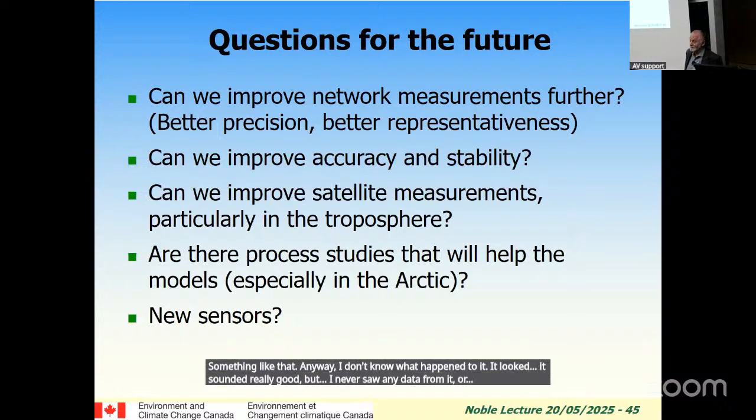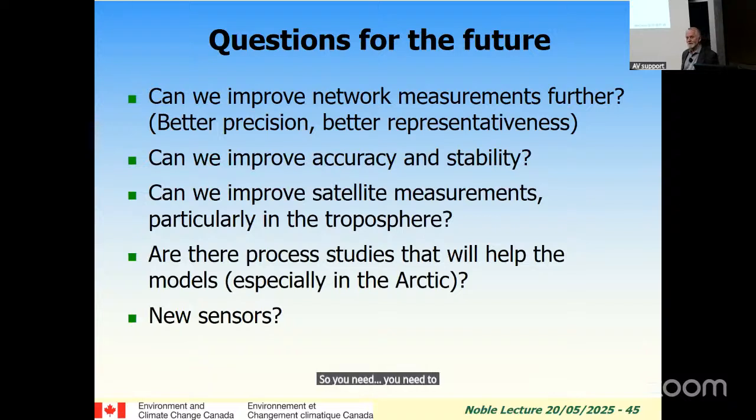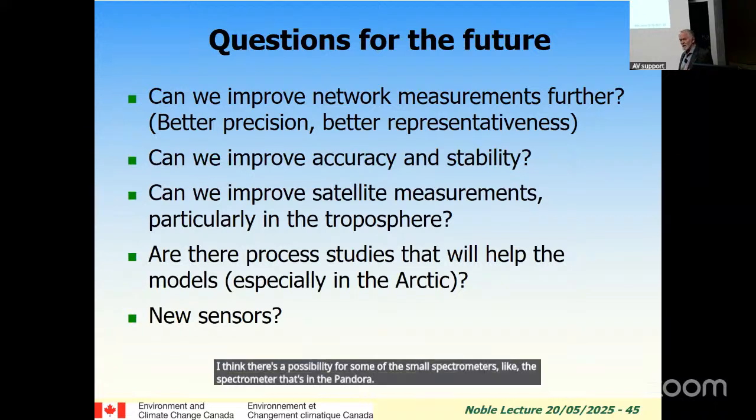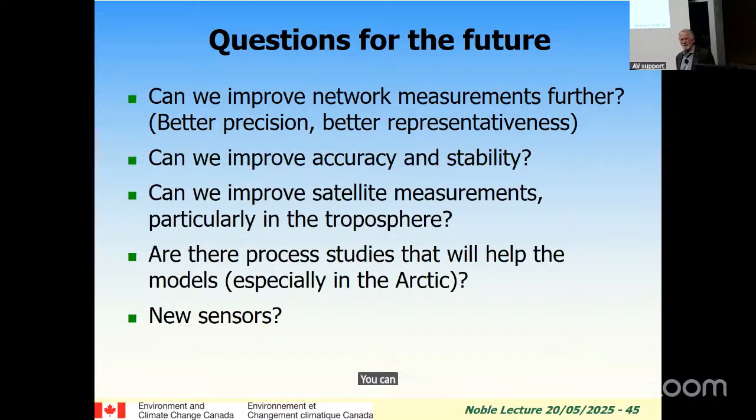The trouble is, ozone sondes are relatively cheap, so you need to produce something that you can afford to throw away. I think there's a possibility for some of the small spectrometers, like the spectrometer that's in the Pandora. You can buy them for a couple of $1,000. That's not that much more.